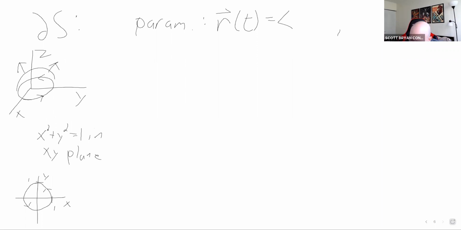Cos t, right? So we let X be cos t, Y is sine t, and we let t go from 0 to 2 pi. Does everyone see that this parameterizes our boundary curve?